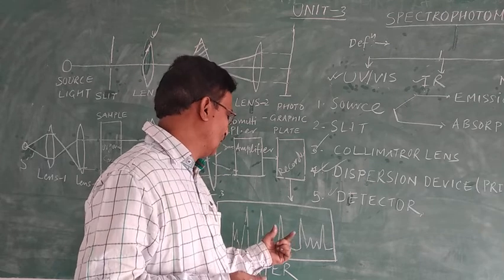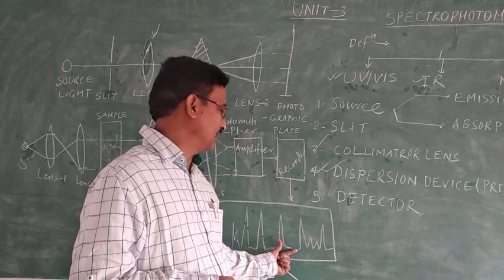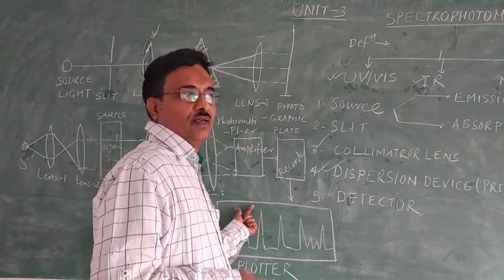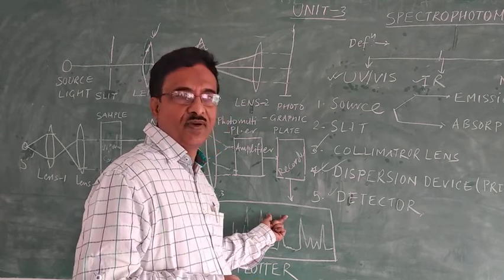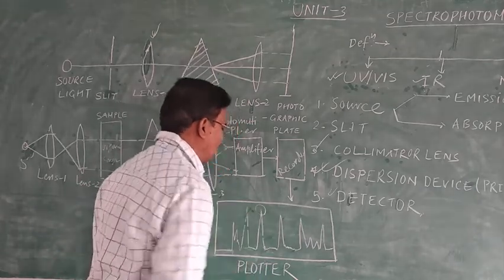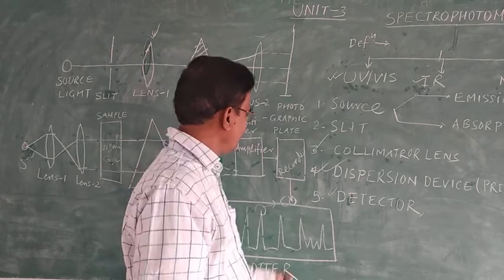So the printer gives the signals for the bond, that is single bond, double bond or triple bond, and it is also used for the types of functional group. Suppose we take a carbonyl.